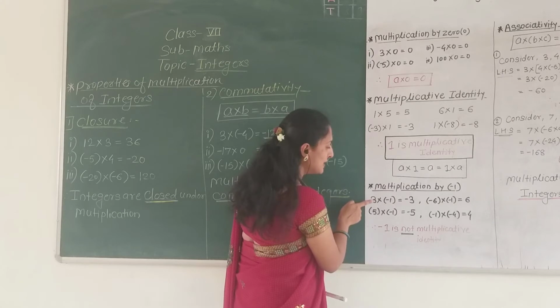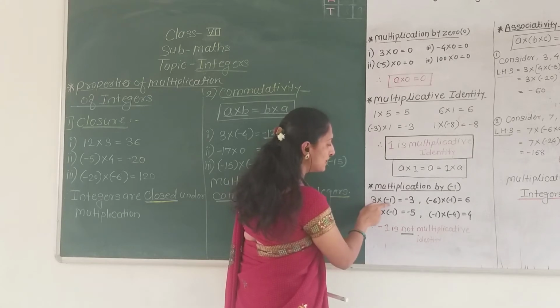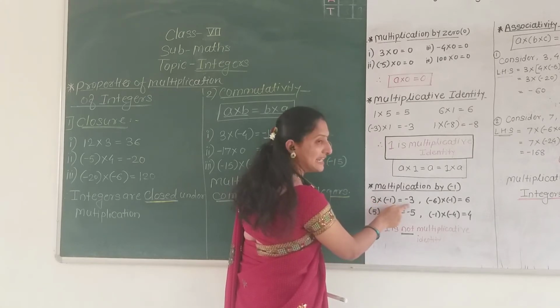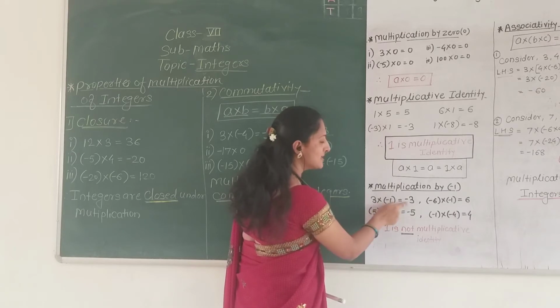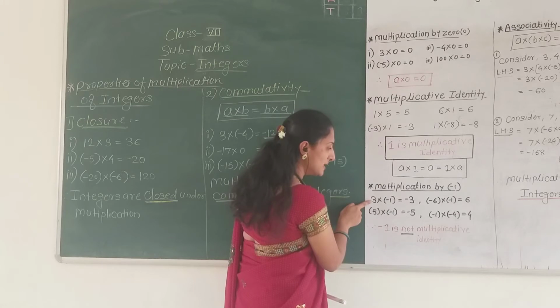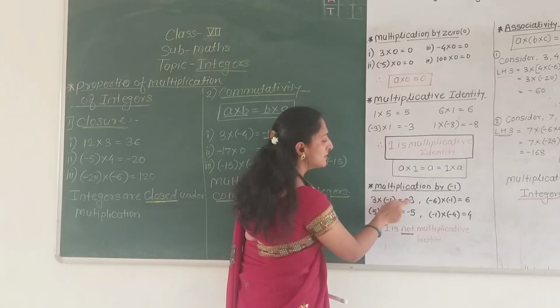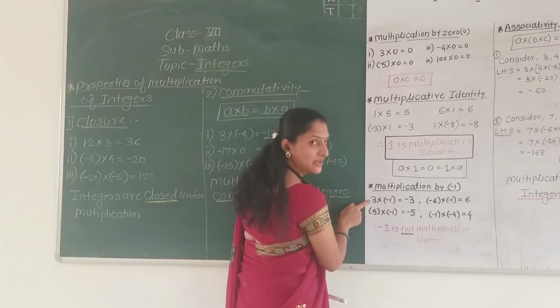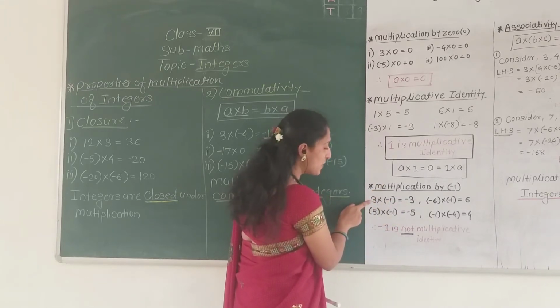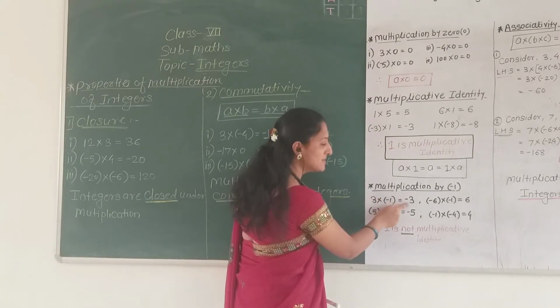If I multiply 3 with negative 1, I get the answer negative 3. That means the sign of 3 changes here. Here 3 is positive and it becomes negative.